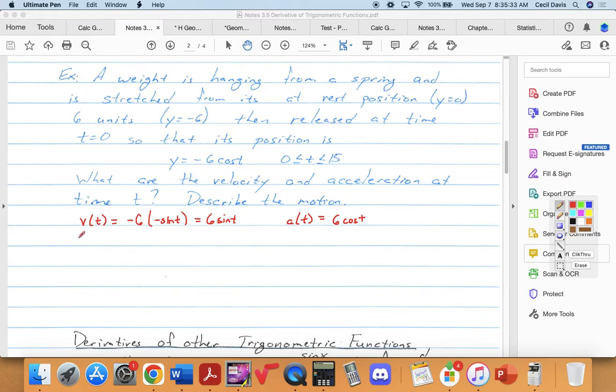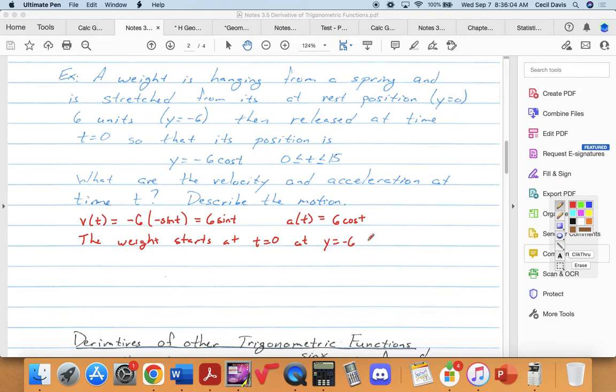So we'll do this just like the one we were going over on the homework from last night. So the weight starts at time t is equal to 0 at y equals negative 6, we know it's going to move upwards.